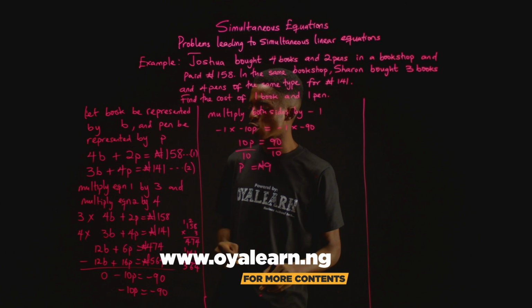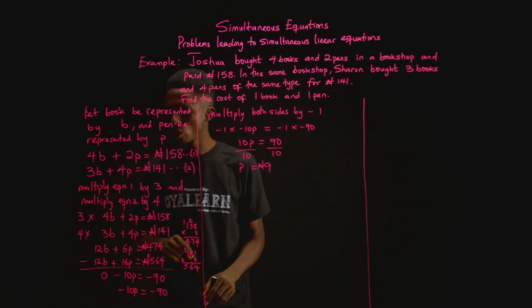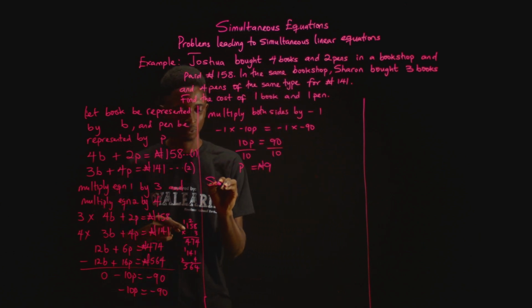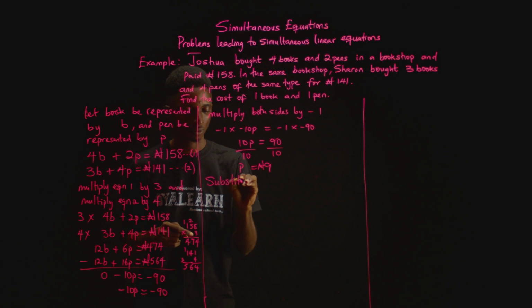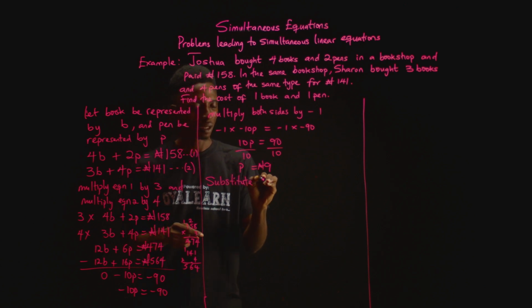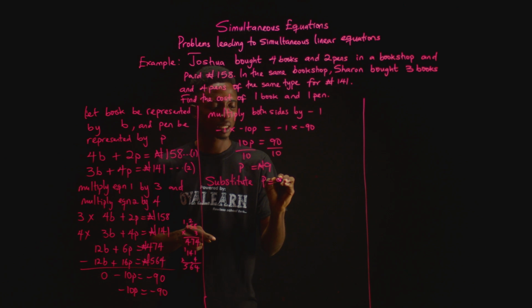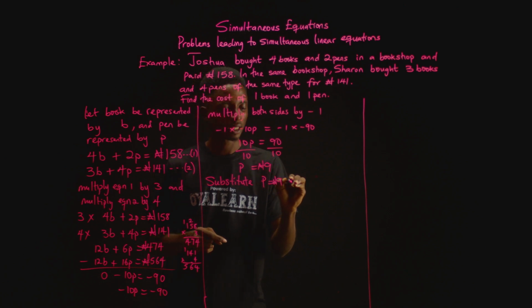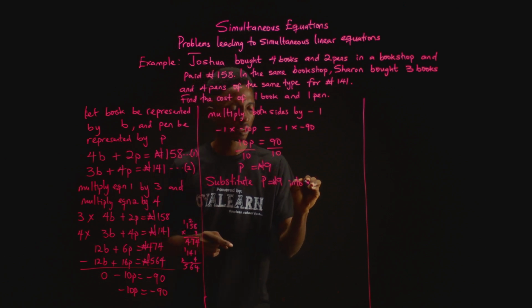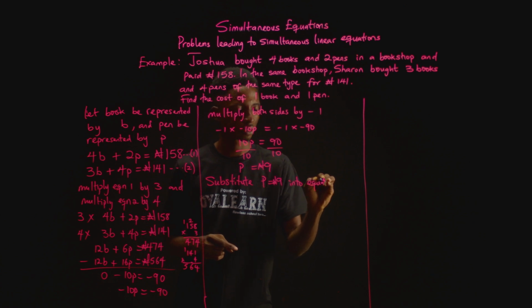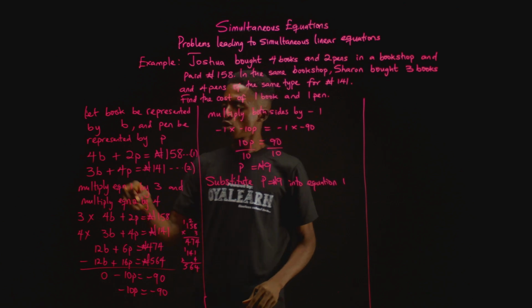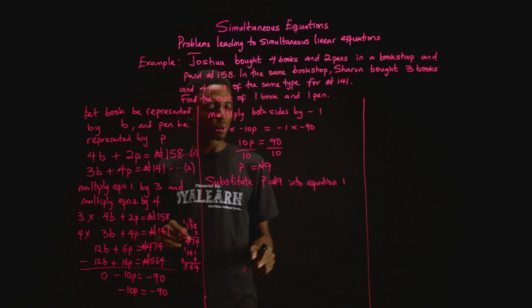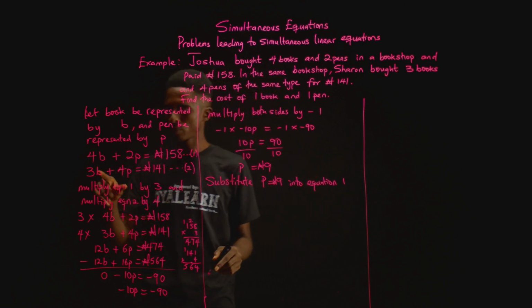Now let's find the cost of one book. So we substitute P equals 9 naira into equation 1. So working with equation 1, anywhere I find P, I put 9.